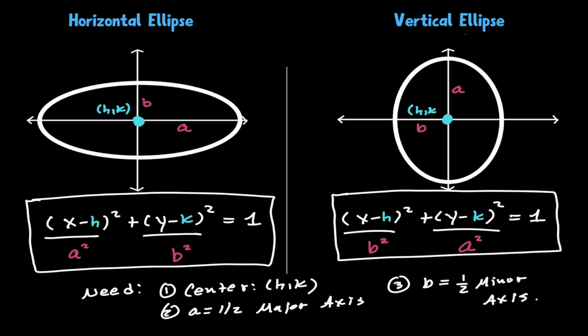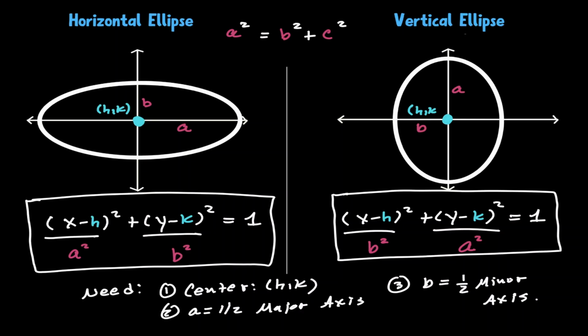When working with the equation of an ellipse, it is important to recall a relationship between lengths. If we get half the length of the major axis and we square it, that is always going to be equal to half the length of the minor axis squared plus c squared.